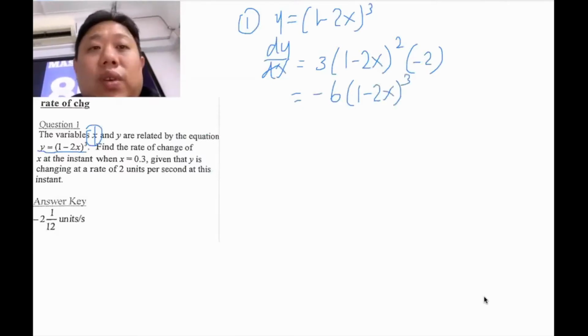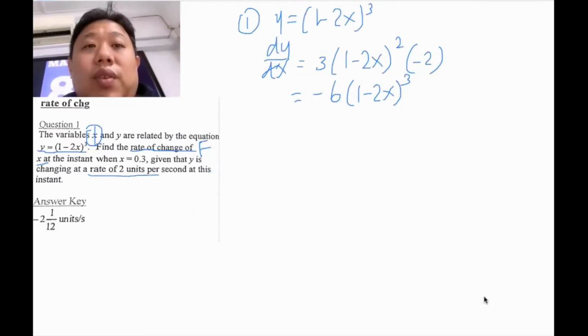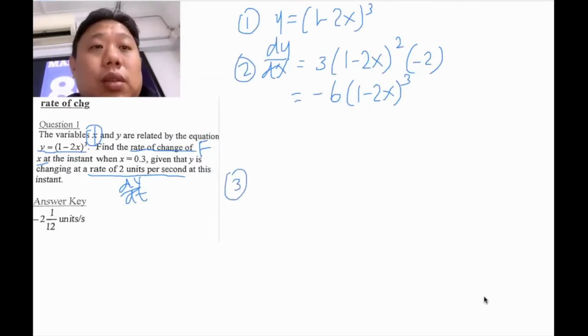When I read further in the question, find the rate of change of x. This is my find, which I'm going to do inside the third step later. This given part is my dy/dt. After I do the second step, differentiate the king, I proceed to the third step, the king and bodyguard step.